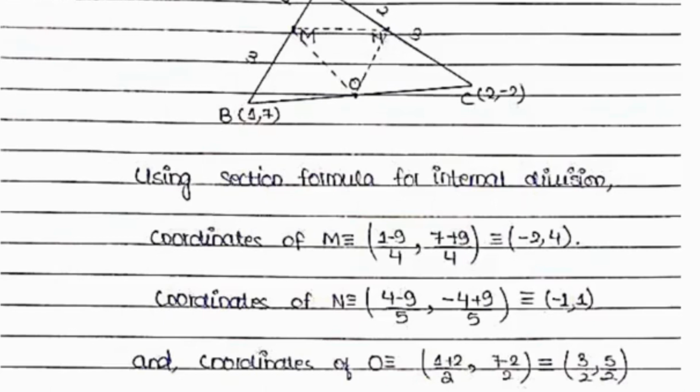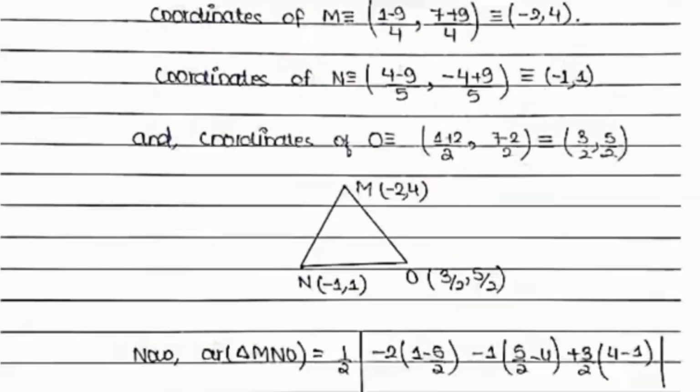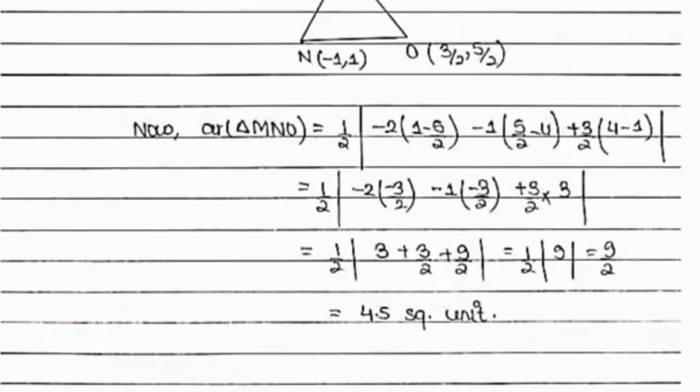Further, in a similar way, we can calculate the coordinates of point N and point O. After we have calculated the coordinates of point M, N and O using the section formula for internal division, then we have to calculate the area of the triangle MNO. So here you are going to write the area formula for triangle and put in the values, and you will get the value 4.5 square unit. This was the second question.